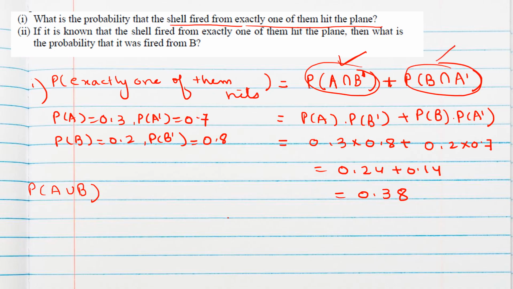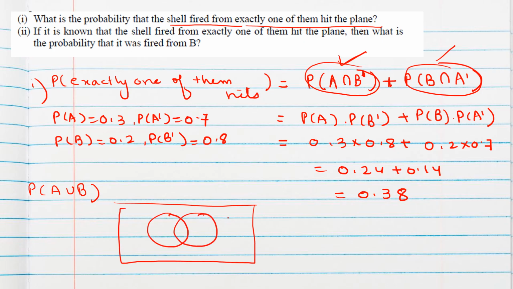When we find A union B, as per the Venn diagram, it will give this whole area, but we are interested in this part: only A hits and only B hits. So we cannot find it this way.